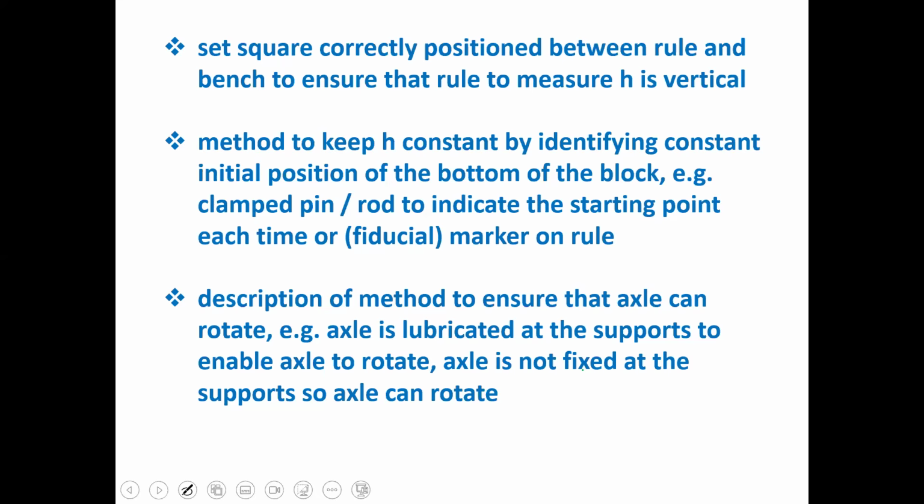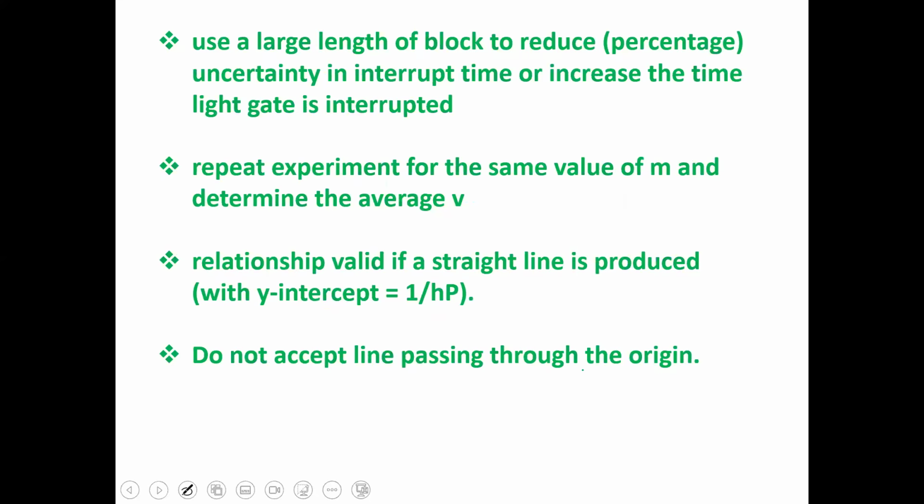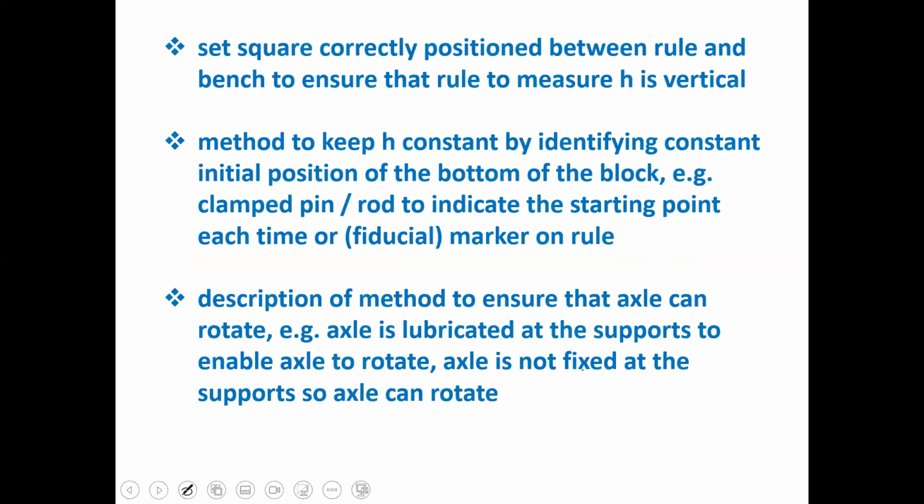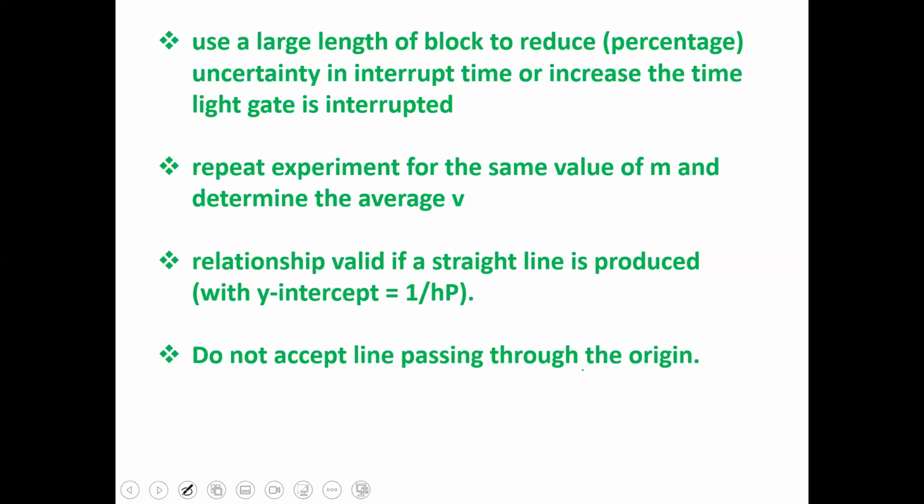So for a double check, you can also look at the marking scheme. Use a large length of block to reduce the percentage error, and repeat the experiment for the same value of m and determine the average v. Repetition we have already mentioned. So these are basically the points mentioned by the examiner in the marking scheme.